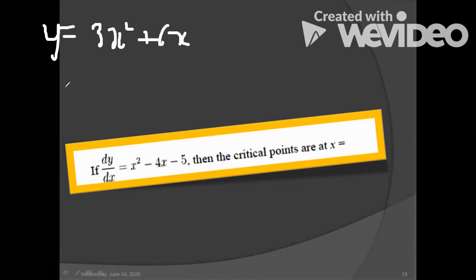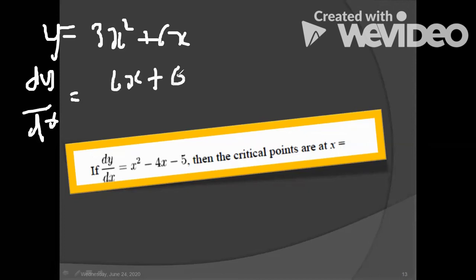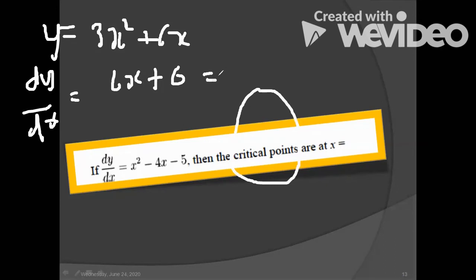To find the critical points, we would have differentiated this and we would have gotten dy dx. Let's differentiate this now. This would have been equal to 6x plus 6. And because it's a critical point, at the critical point, dy dx is equal to 0. And then we solve for x.